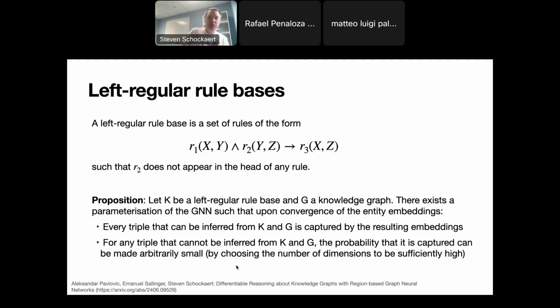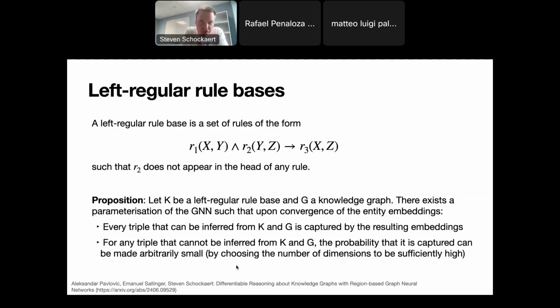So the first positive result is this. If we have a set of composition rules which all have this form, with two atoms in the body. Having two atoms in the body is not a limitation, because if you have more than two atoms, we can always rewrite by introducing fresh variables.